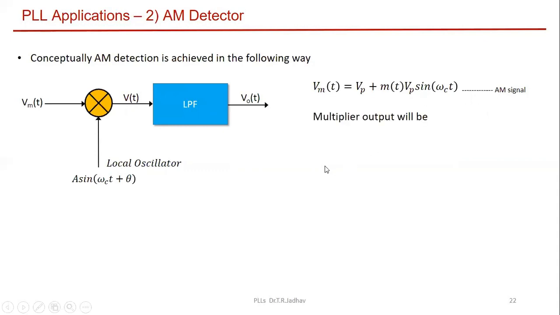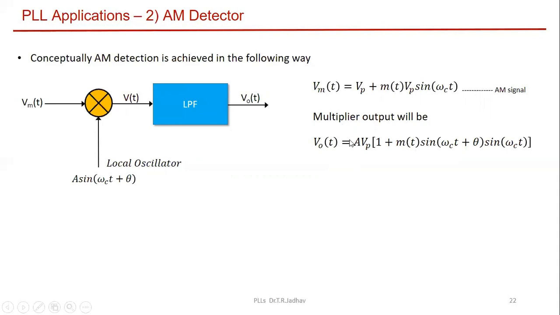Then once we add the local oscillator as sine of omega c t plus theta, where omega c is the frequency which is equal to the carrier frequency. So if we somehow generate the carrier frequency through the local oscillator and then multiply the input, this will be the multiplier output. Very simple mathematics, just go through this.